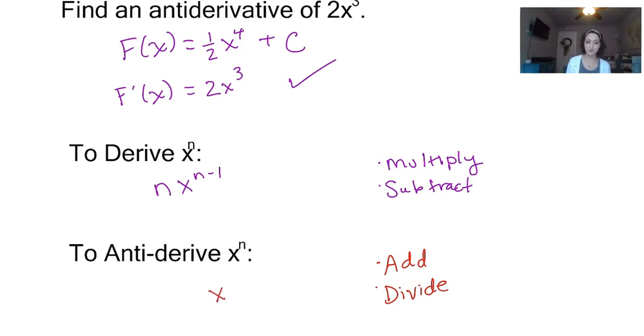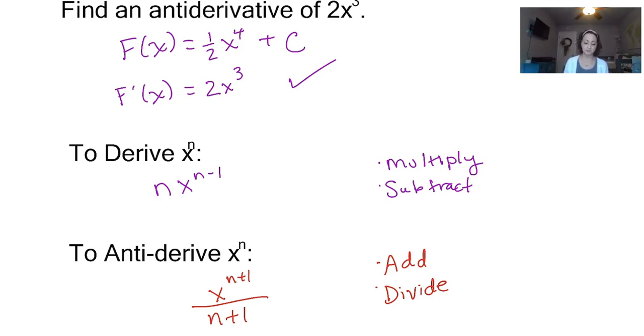So x to the, what do we think? n plus 1. And now I want to divide by my new power, okay? So I'm going to divide by n plus 1. Okay, so that would give me one of the antiderivatives, right? And then I can add constants and get the family of functions, okay?